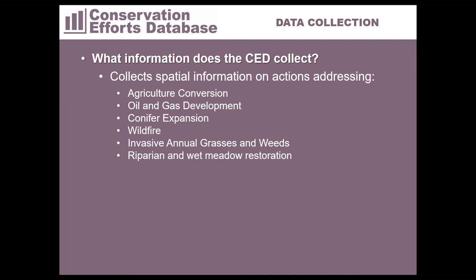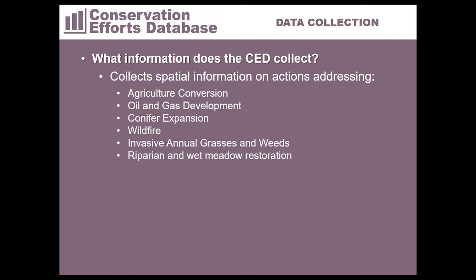So back to that first category, we're collecting spatial information. That's spatially explicit information on actions addressing agriculture conversion, oil and gas development, conifer expansion, wildfire, invasive annual grasses and weeds, as well as riparian and wet meadow restoration.